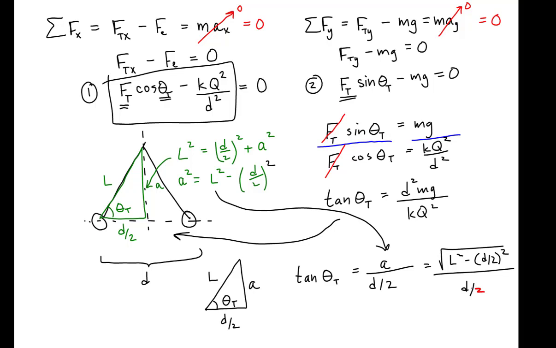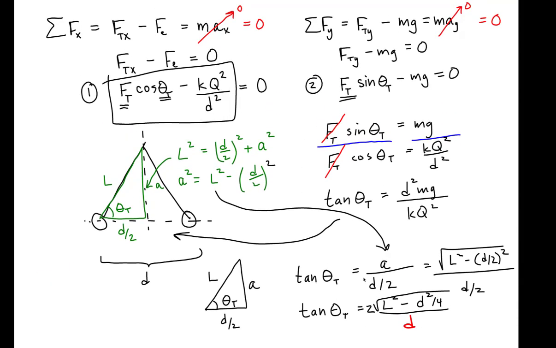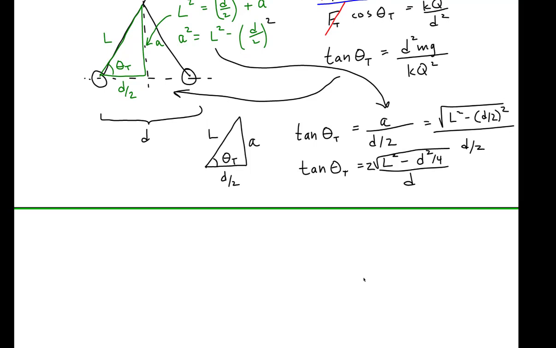Well, we could clean this up a little bit. We could say that the tangent of our angle is equal to the square root of L squared minus d squared over 4, and the 2 comes to the numerator from the denominator, while d stays in the denominator. So what does that leave us with?